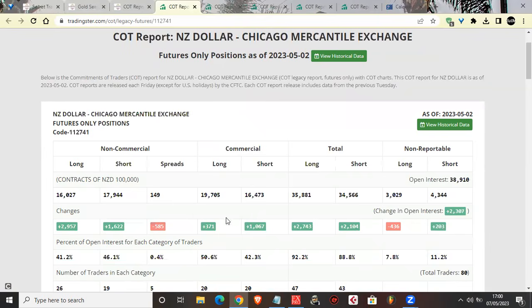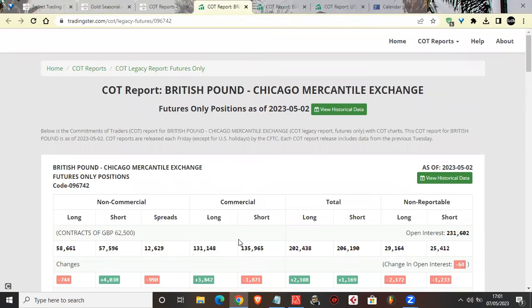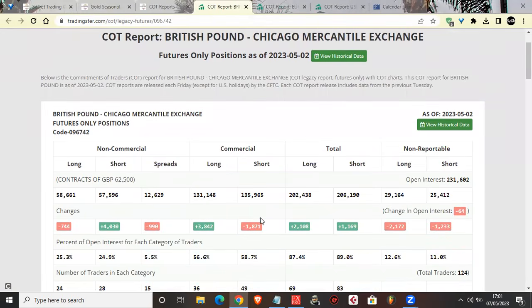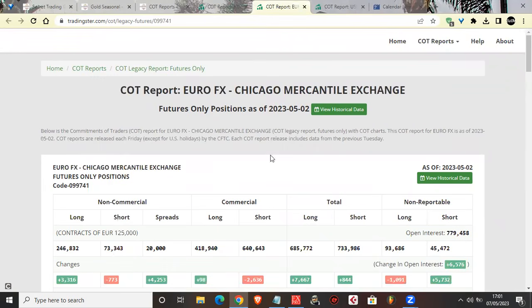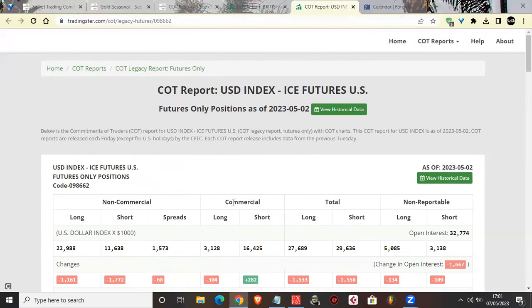NZD, yeah, it's not much. Well, AUD, it seems like across the board there is a consensus of moving in a specific direction. So COT for pounds looks good. Euro doesn't look that great because it's just 98. So I'm bigger than that.